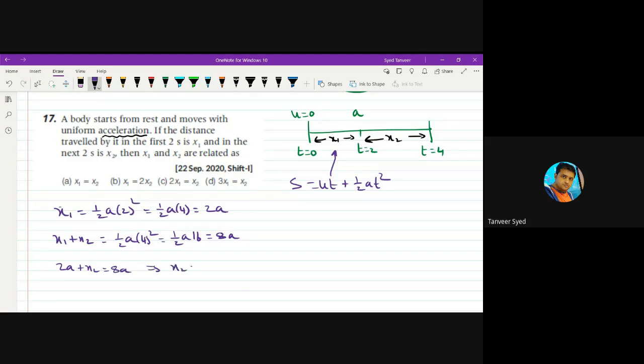That means x2 is equal to 8a minus 2a, 6a, right? So x1 is 2a, x2 is 6a, therefore x2 is equal to 3 times x1. x2 equal to 3 times x1.